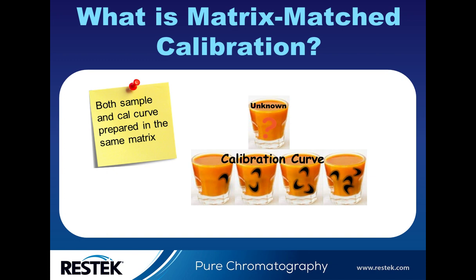In this case, we ignore the loss during extraction, considering that's 100% recovery. And it could be laborious, honestly, because think about if you are doing apple, you have to prepare the calibration curve in apple. Then you have to do pear. Then you have to do coffee. That means you have to prepare every single calibration curve for each matrix.